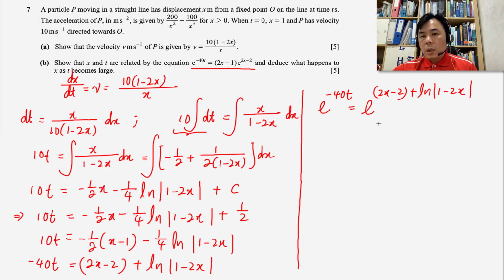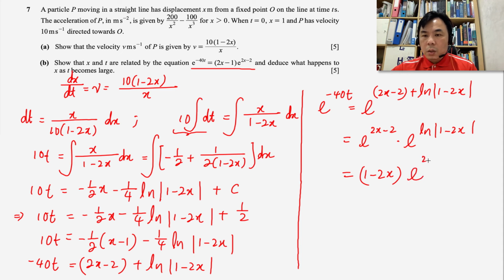This is how it looks like. And then, of course, the index rule allows us to divide and conquer. We will have e to the 2x minus 2 by e to the ln 1 minus 2x. And then that will yield 1 minus 2x, e to the 2x minus 2.